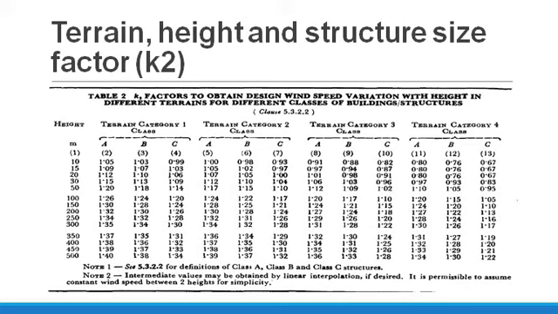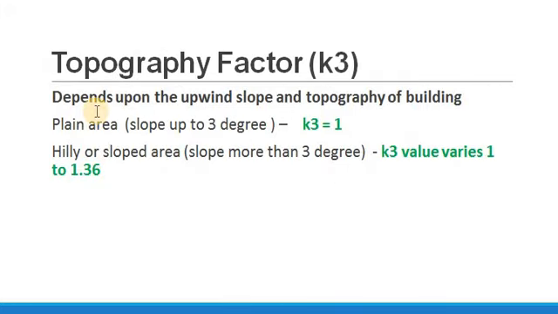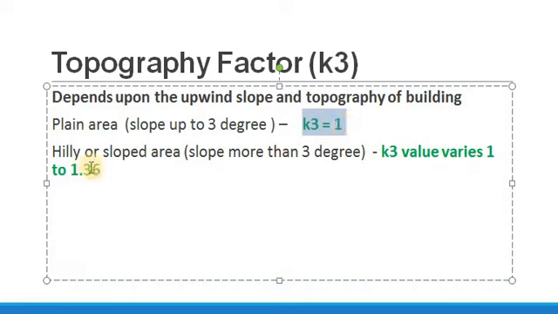Now we'll move to our factor K3. K3 is the topography factor. It depends upon the upwind slope and topography of the structure. For a plain area, that is slope up to 3 degree, the value of K3 is 1. For hilly or sloped areas, that means slope more than 3 degree, the value of K3 varies from 1 to 1.36.